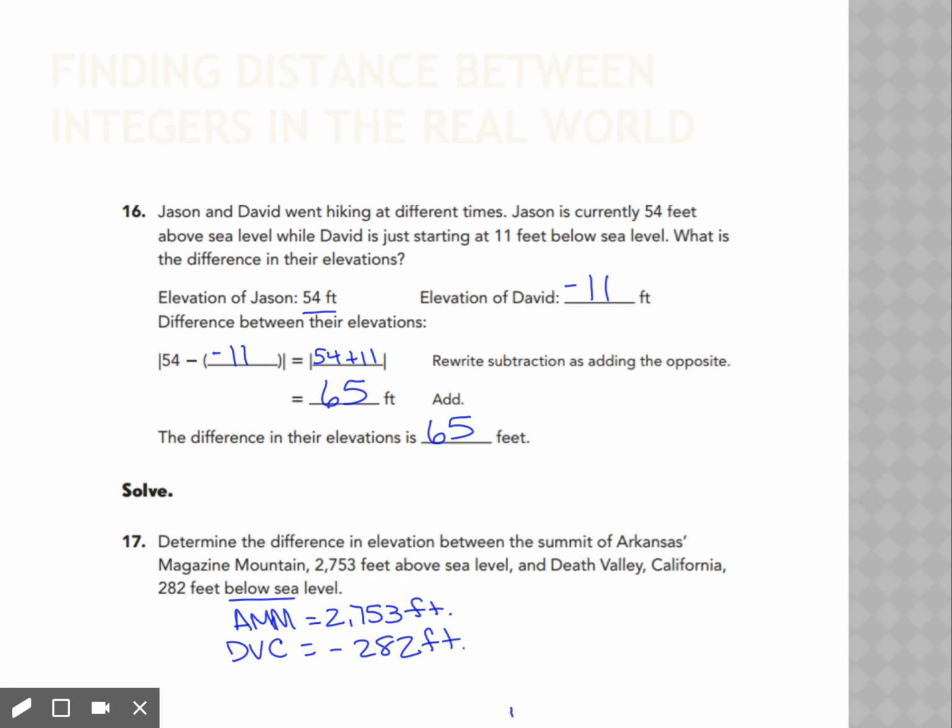So absolute value here of 2,753 feet minus a negative 282 feet. And we're changing that to an addition sentence. 2,753 plus 282.